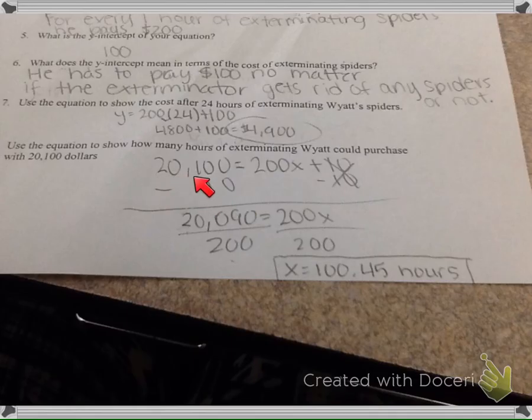So you'll have 20,100 equals 200x plus 10, and you're solving for x. So you want to get x by itself, so minus 10 from each side, and you get 20,090 equals 200x. Then you divide both sides by 200, and you get 100.45 hours. So, yeah.